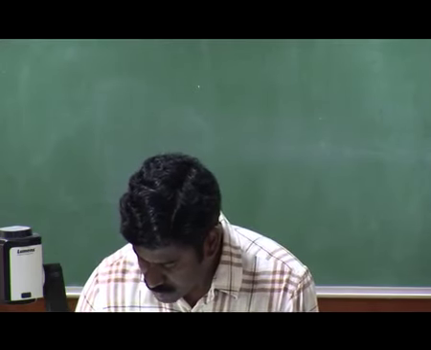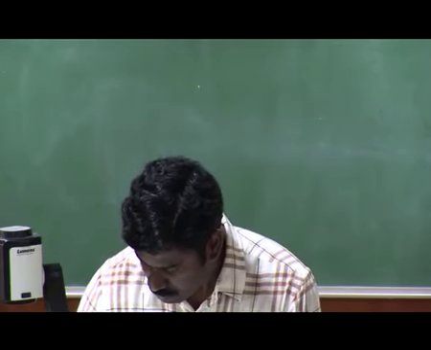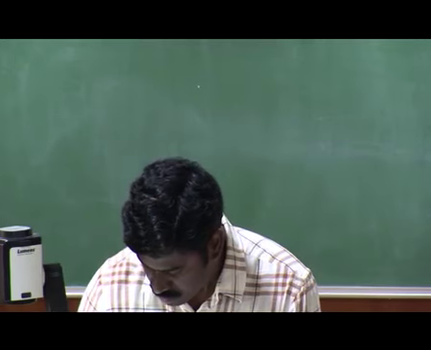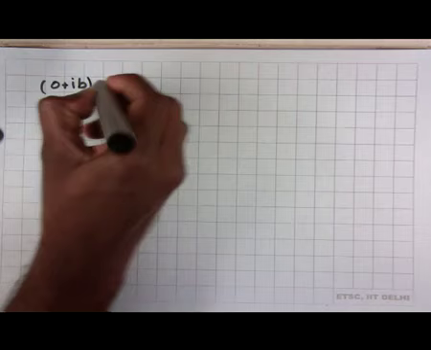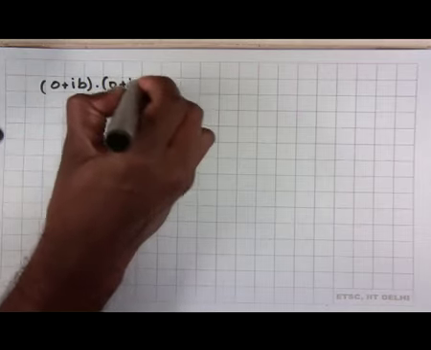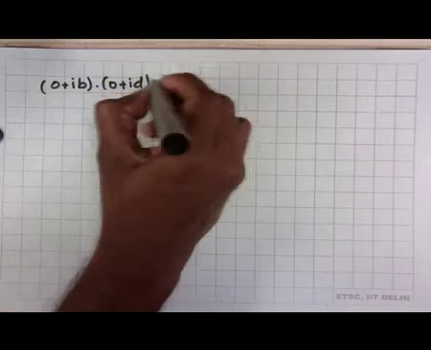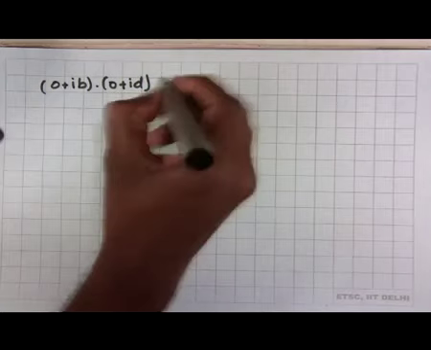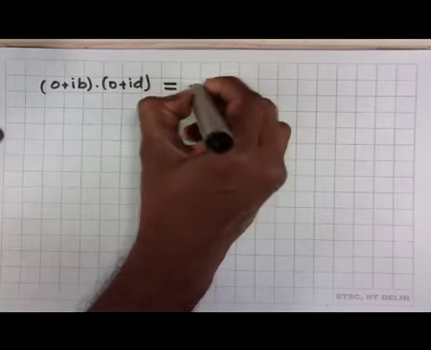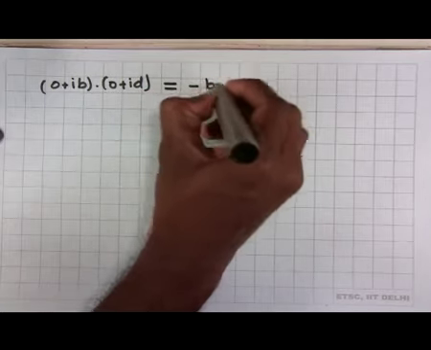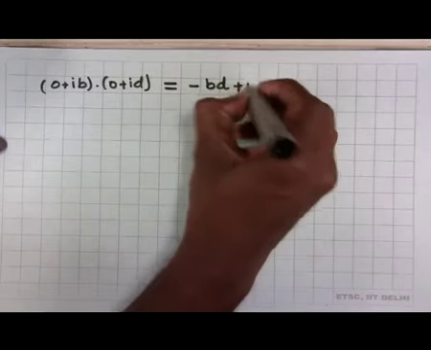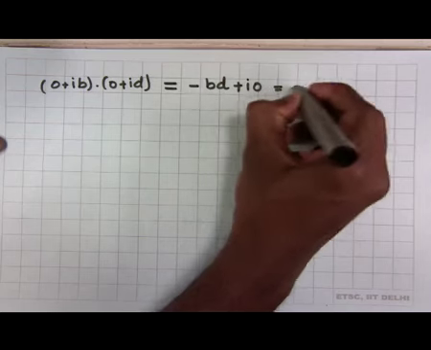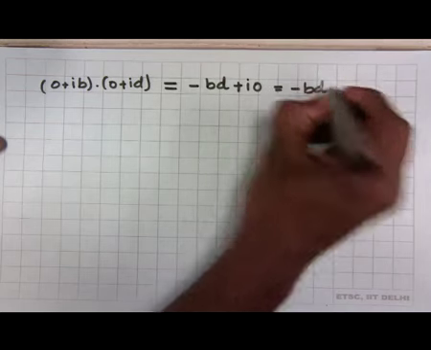And if we consider the imaginary numbers, that is i b times i d, then we can show that with respect to that product it becomes minus b d, plus i 0, which we are going to denote just by the real part.